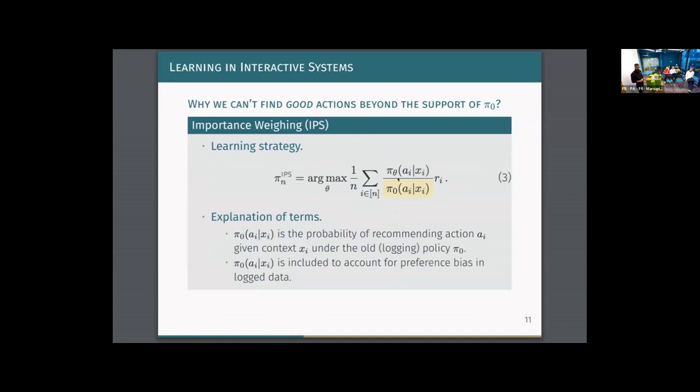To understand what we do here, we have an empirical mean, but we divide by this pi zero. To have an intuition, if we go to a room and try to find the average height of a person, the main idea will be, let's measure everyone here and look at the average. It's easy to compute.